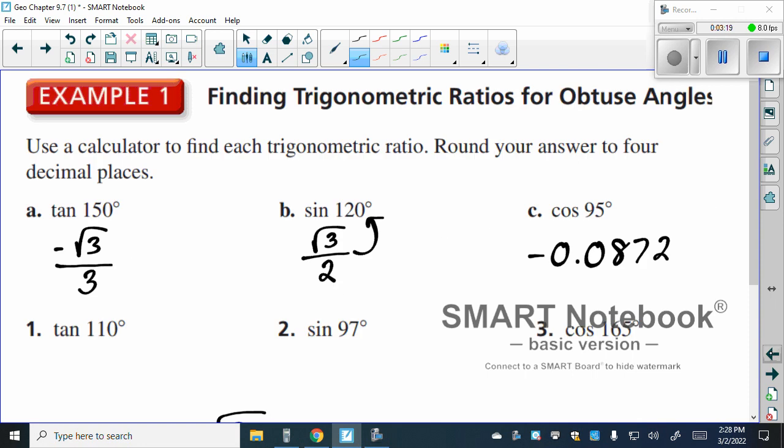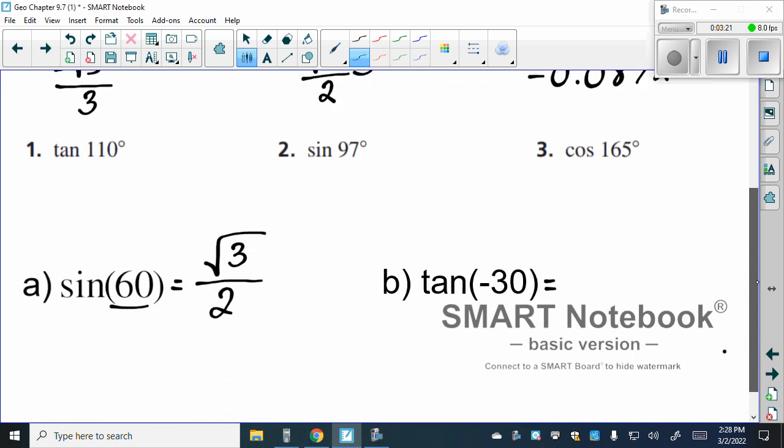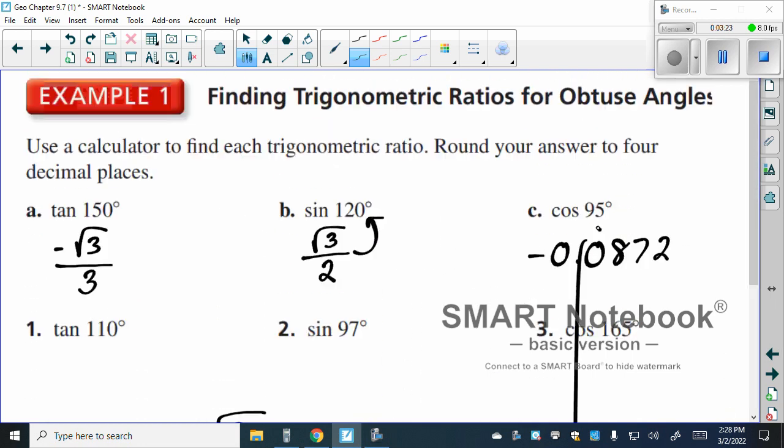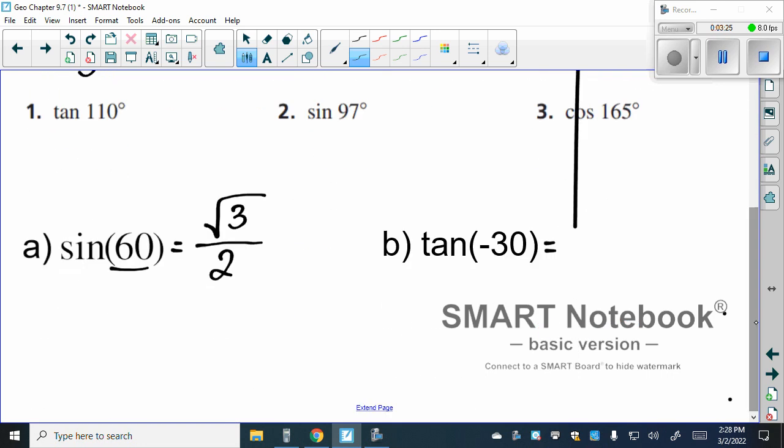And it actually works out tangent of negative 30 degrees is actually negative square root 3 over 2. Which is the same thing we got for tangent of 150.